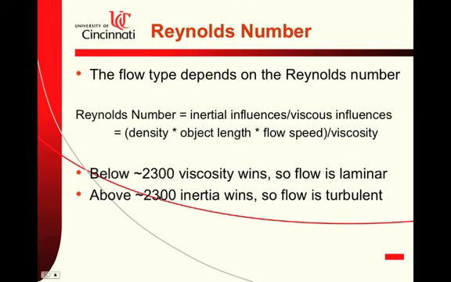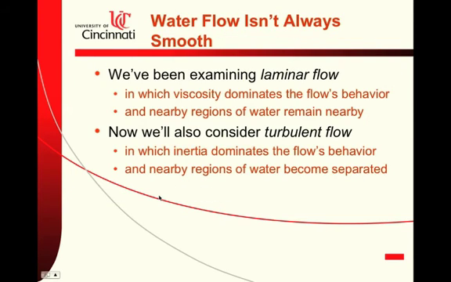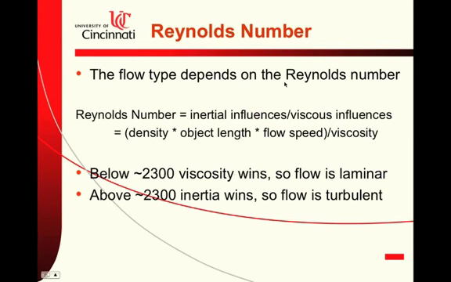And so the question is why? Now, this was well known, and it depends on what's called the Reynolds number. And the idea is the Reynolds number is basically the inertial influences over the viscous influences. And so if you have a large Reynolds number, then you get turbulence. A low Reynolds number gives you laminar flow. The inertial influences involve the density, basically the object length, and the flow speed, whereas in the denominator you've got viscosity.